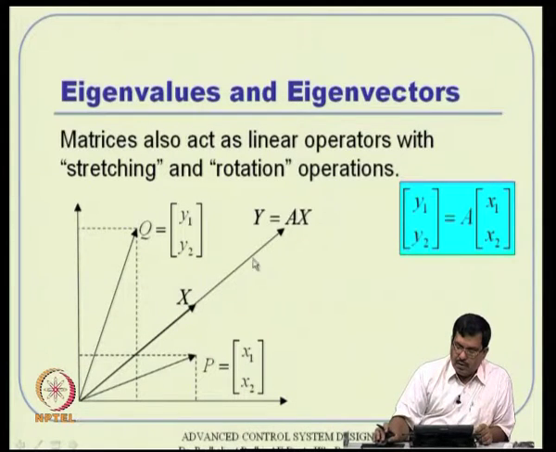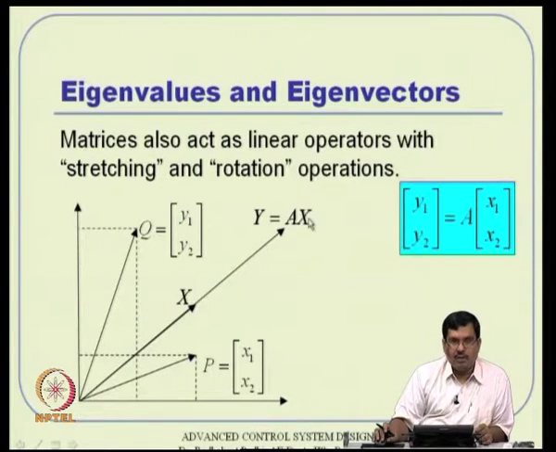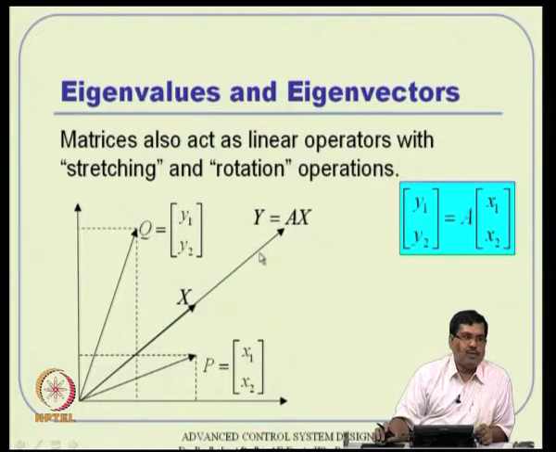We are searching for a particular vector x with respect to the matrix A, so that this linear operator applied to that vector gives me another vector with only stretching, no rotation.